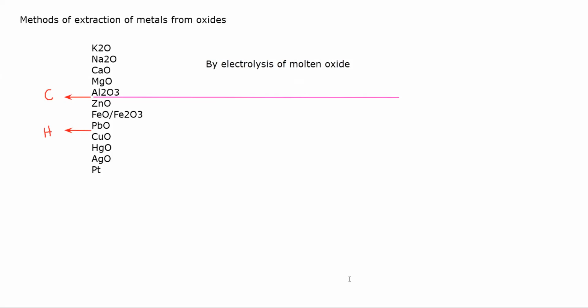When we pass the current through this molten oxide, we can separate the ions from each other. So we use electrolysis.